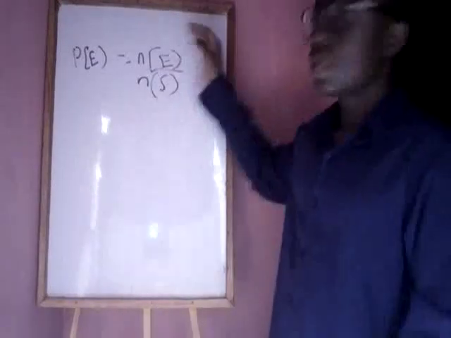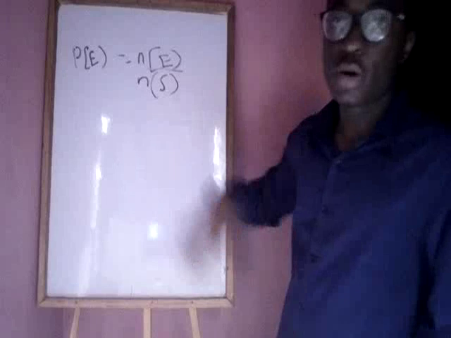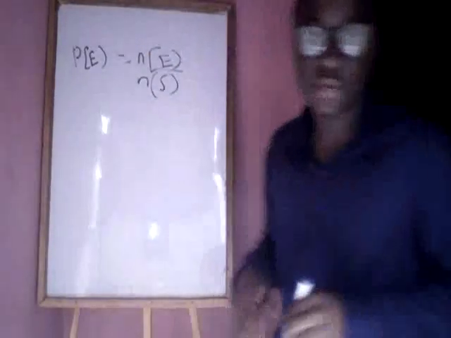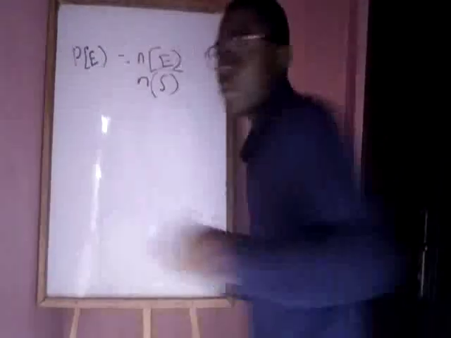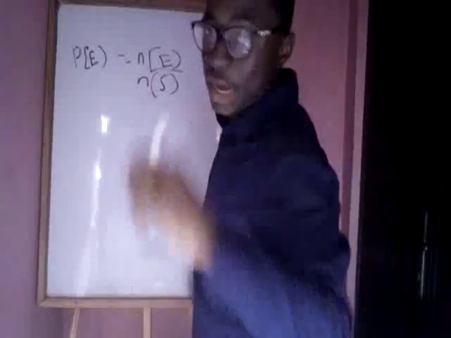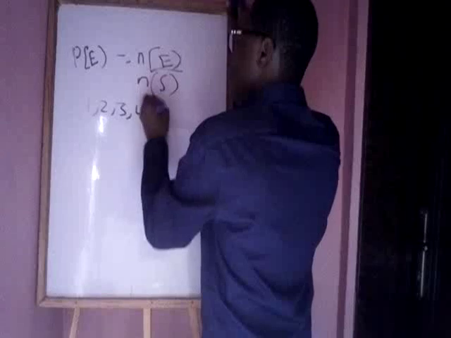So it's basically the number of possible occurrences of the event divided by the total number of events that can occur. For example, if we toss a die, and we're looking for the probability of getting an even number, how many even numbers do we have on a die? We have 1, 2, 3, 4, 5, and 6.